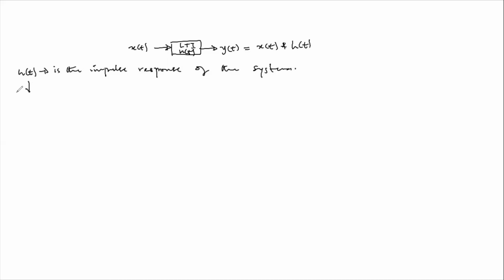Hence, should we take the transform of H of t, we get H of s, which is a frequency domain representation. So H of s, therefore, is the system function of the LTI system, also called the transfer function.